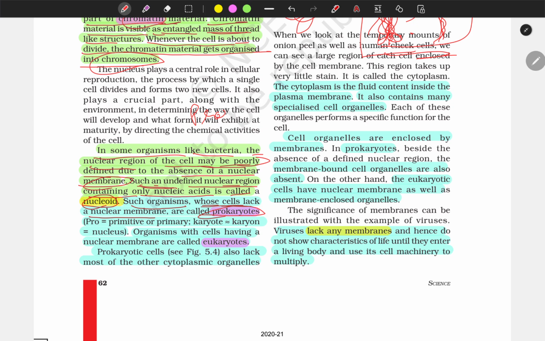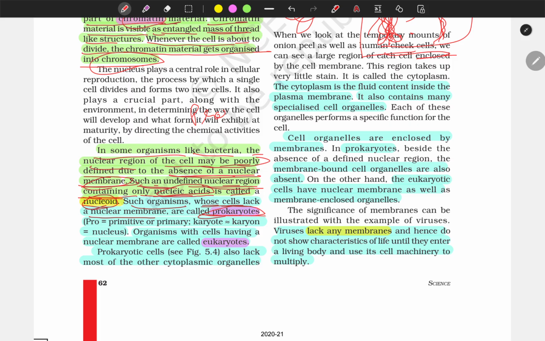Prokaryotic cells don't have a nuclear membrane, and the nuclear region contains only nucleic acid, so there is no separate membrane in it. Absence of a nuclear membrane is there.